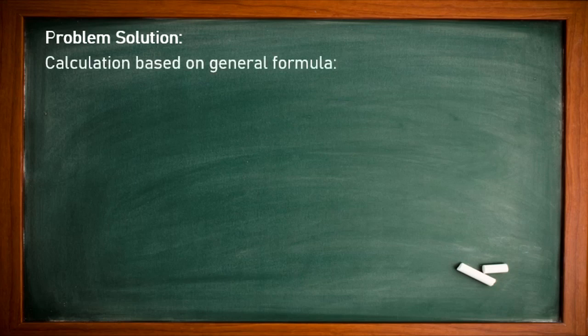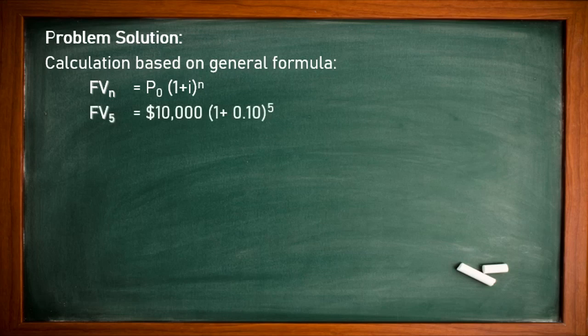So we are calculating through the general formula. Future value for n years is equal to P0 (1 plus i) power n. Here n is 5 years. So we put the values: future value for 5 years is equal to the principal amount we deposit, that is $10,000, and in the bracket we have 10%, so 1 plus 0.10, and power 5, the number of years.